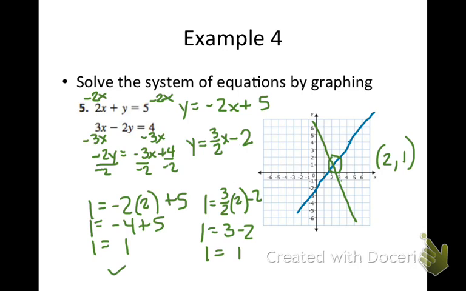And it does work out for both, so 2 comma 1 is indeed the solution where the two lines intersect. If you make a mistake and your graphs aren't straight and you estimate or you even graph them incorrectly, it won't be a solution for both of them. So there will be at least one solution that satisfies both equations.